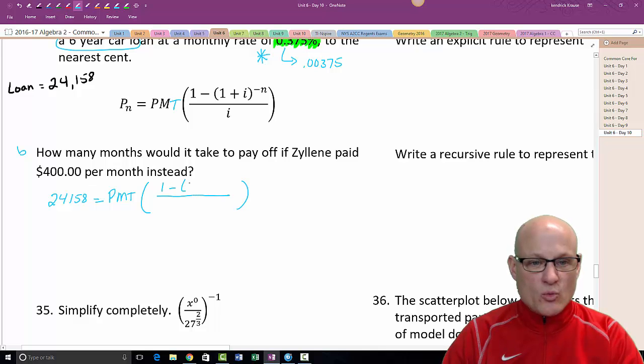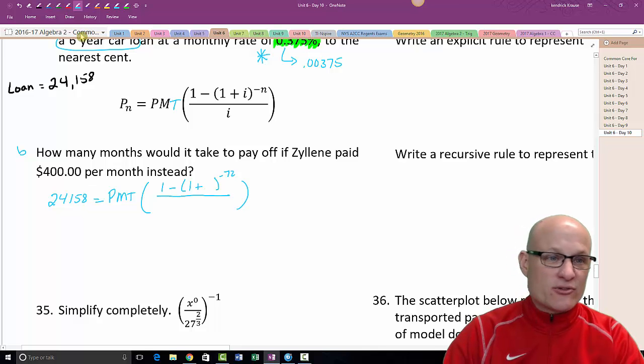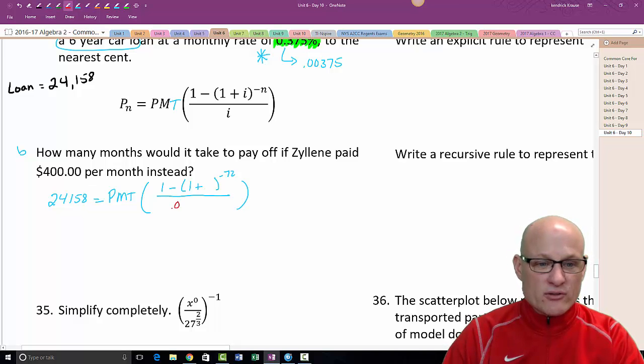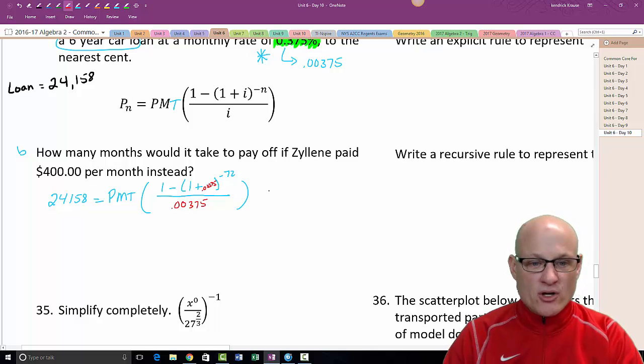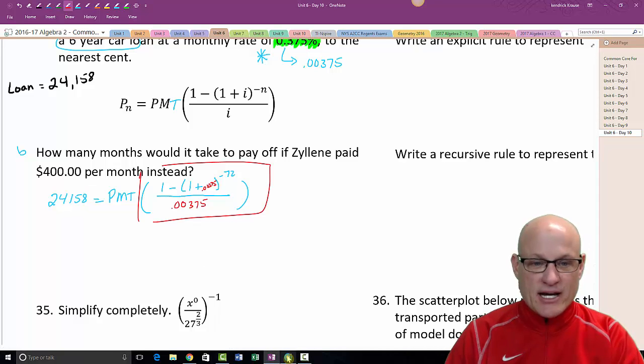1 minus 1 plus i to the negative 72 over i. Oh, wait. I know i. In this case, i is not the variable i, it's the interest rate. So let me put that in there: 0.00375. I'll probably just want to figure out what this is, so I'm going to come over to my calculator.